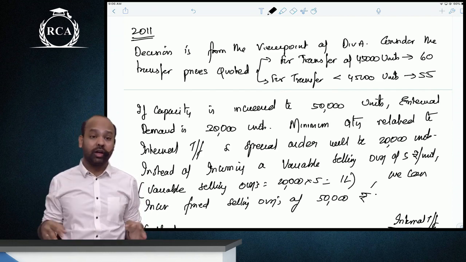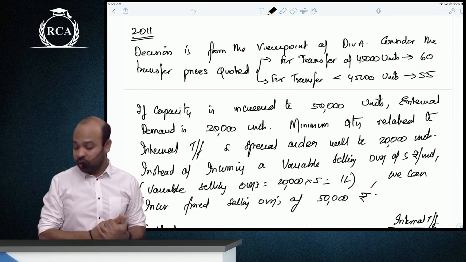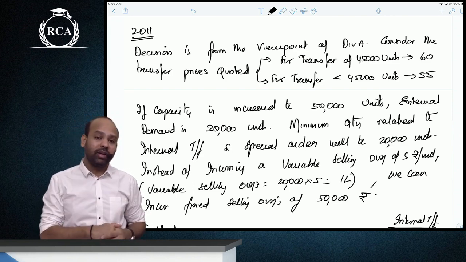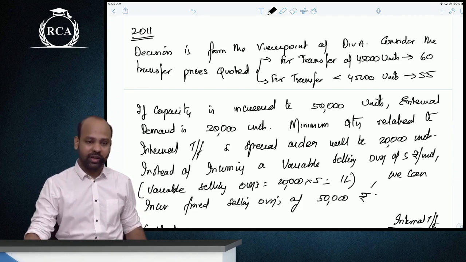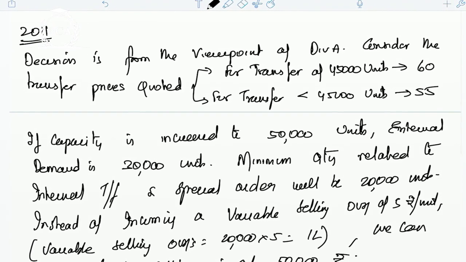We are not going to incur variable selling overhead. Also, will you increase your capacity? Yes boss, we will increase our capacity to 50,000 units. Problem solved. Now we can answer all of the questions easily. Copy this if it hasn't been done.